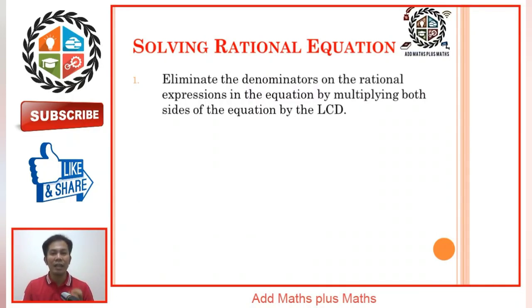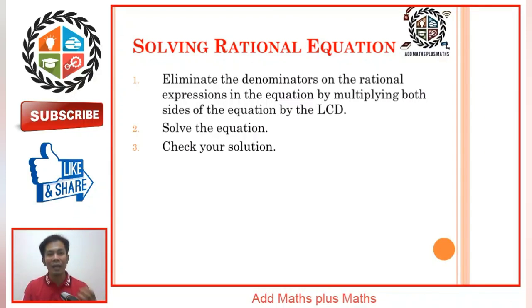It is least common denominator. Okay? Then, solve the equation. Check your solution. It's very important to check your solution, most especially if you are taking an examination and you want to really get high marks po sa inyong examination.